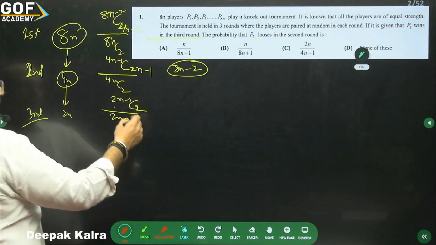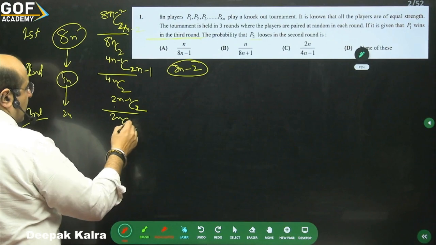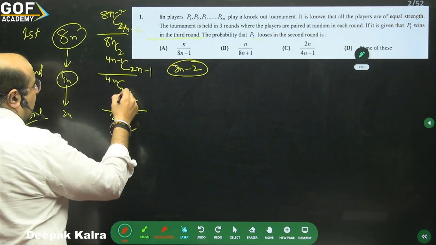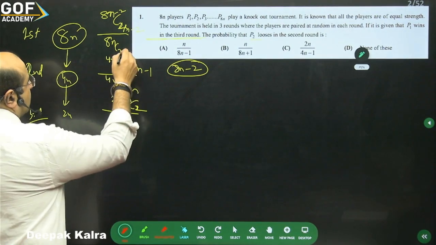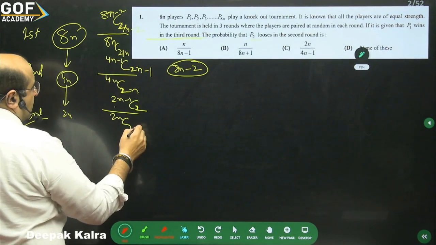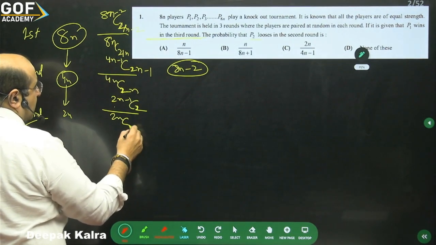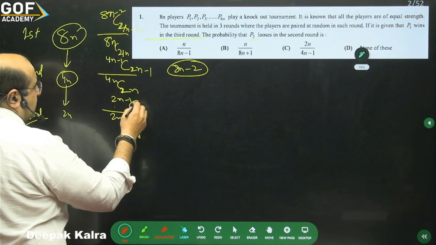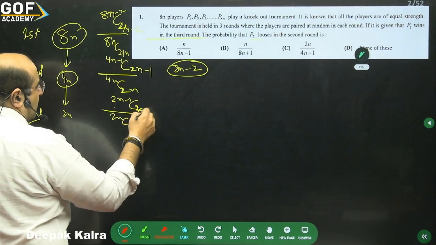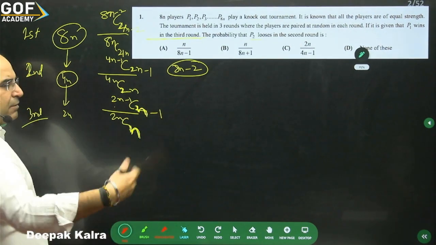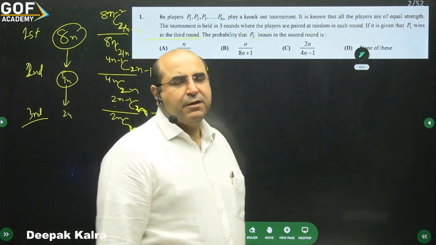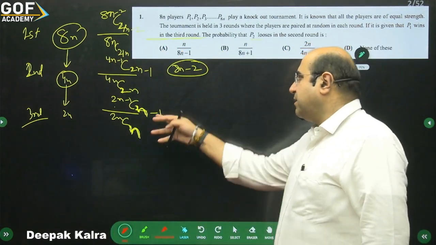Out of 2N minus 1 you need to select, and down also you have 4N C2N, and 2N C N, and 2N minus 1 C N minus 1, because one person is already winning. This is the way it is to be done.